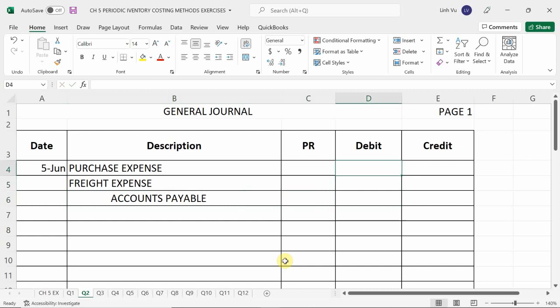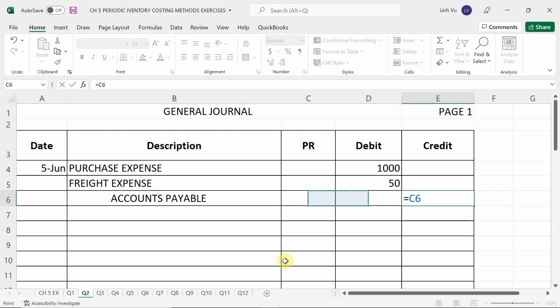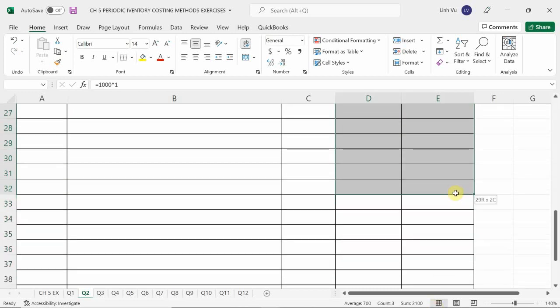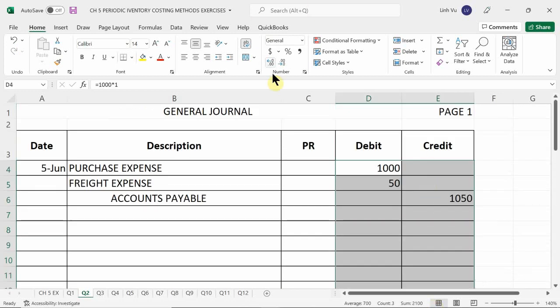So I bought 1,000 units at $1 each. So how much should that be? 1,000 plus $50 freight, giving me a grand total of 1,050. Okay, and again, I'll format it the way I like it.